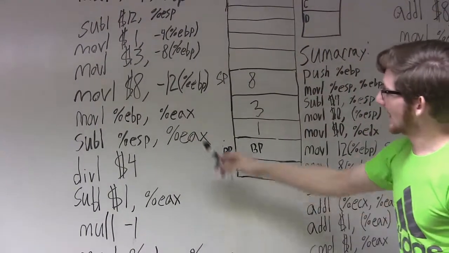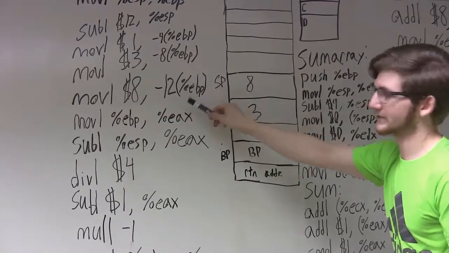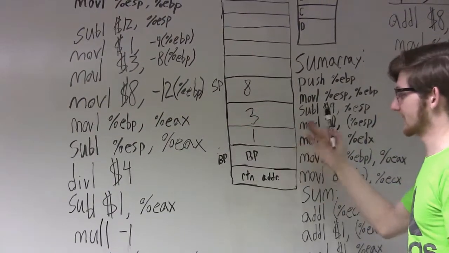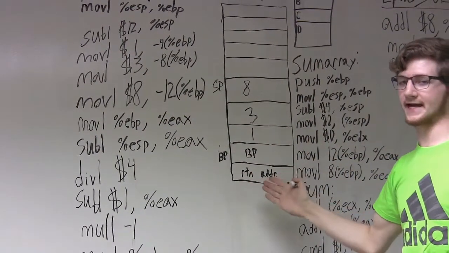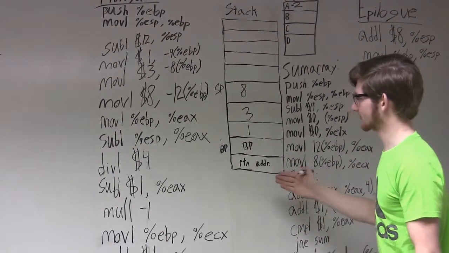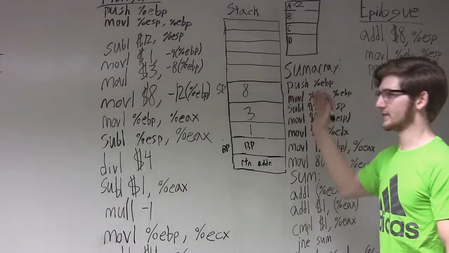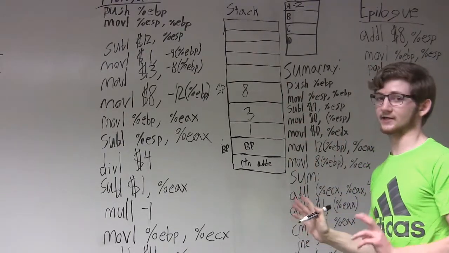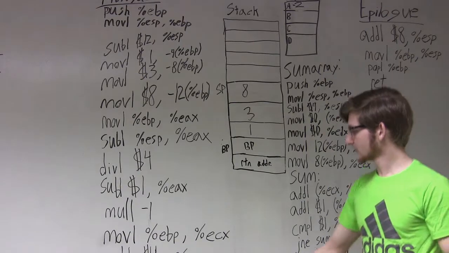Because, as you've seen here, we have to use negative offsets when working, because we work from the base pointer as opposed to the stack pointer, which would make them positive offsets. It's simply the way to do it. Alternatively, you could work from the stack pointer, but it's not the correct way to do it.